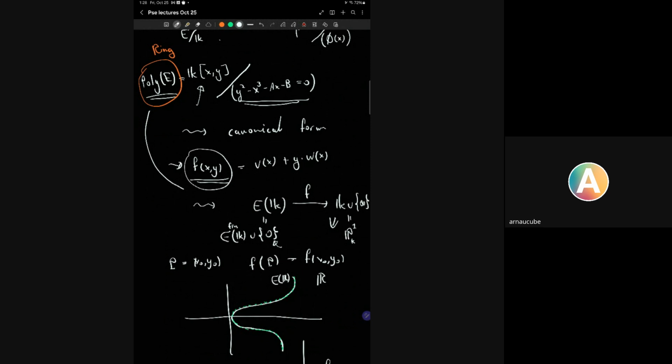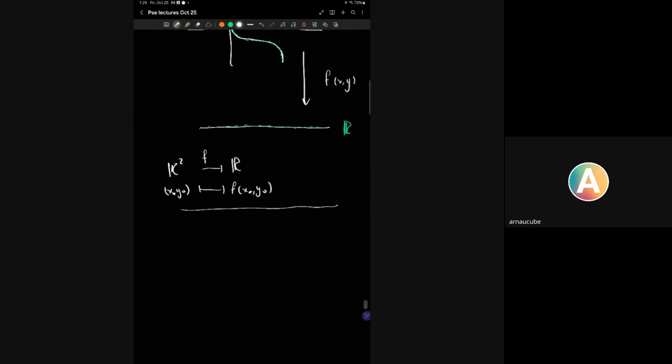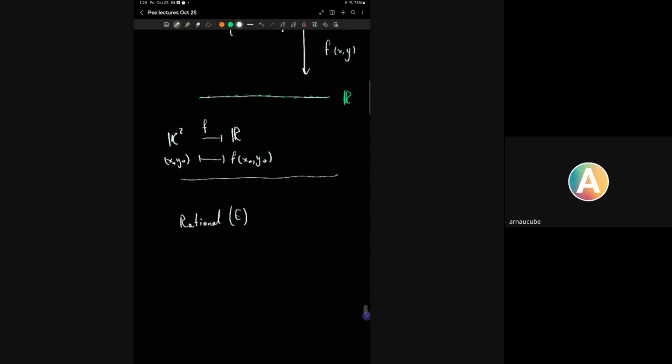I don't have a multiplicative inverse for n, so I look at the collection of all fractions, and in the collection of all fractions, the element n will have an inverse 1 over n. So here as well, I can do this construction, and that's why it's called rational functions. So rational functions, let's call it rational of E. We had a better notation for this. This is like K of E.